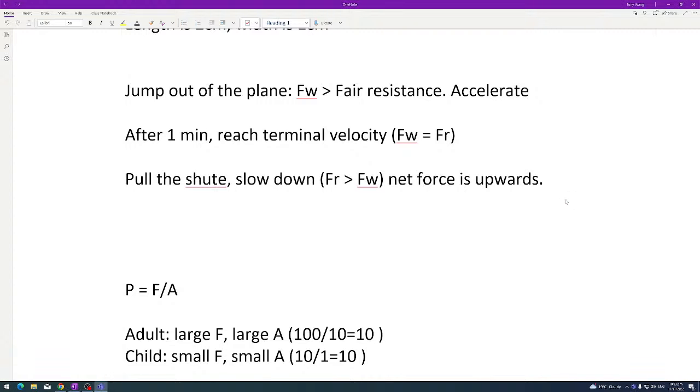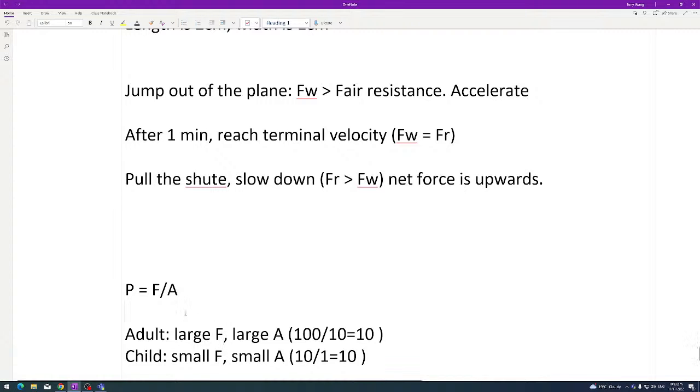You just need to understand that pressure is a ratio, how much force is distributed over a certain area. So you need to look at the relationship of the area and the force. In this case, an adult has larger feet, so a larger area, but that person also has a larger weight force.